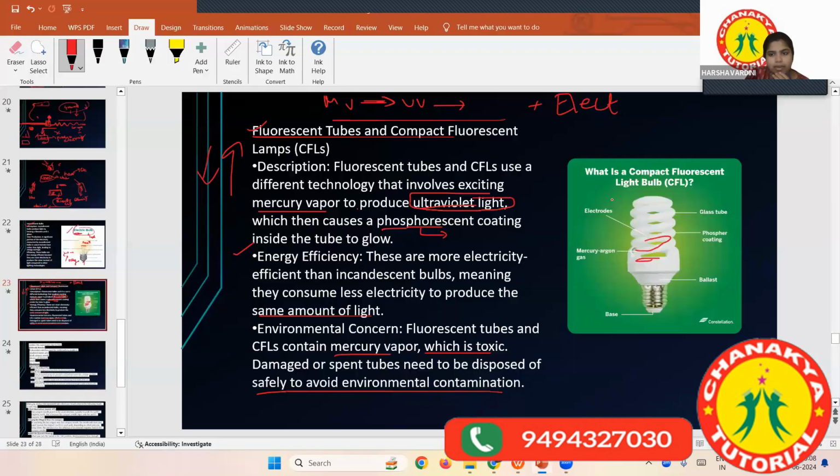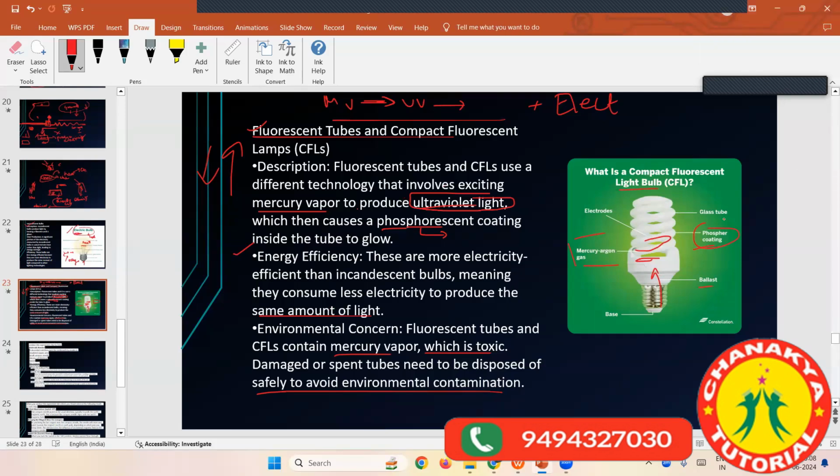Yes. So going back here, what is a compact fluorescent light bulb? You have seen electrodes are given, mercury argon gas is there, and a phosphor coating will be there. When the mercury argon gas is emitted, it will produce UV light and it will react with the phosphor coating and it will glow. Glass tube, electrodes, base, ballast. These are some of the parts.